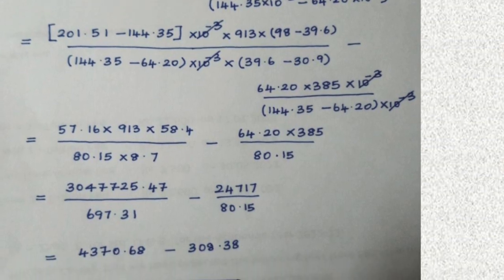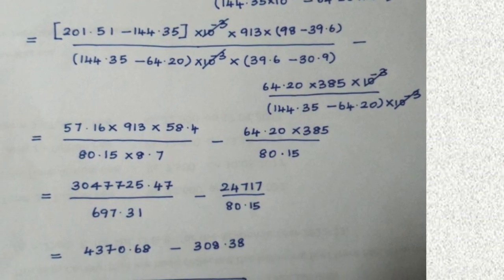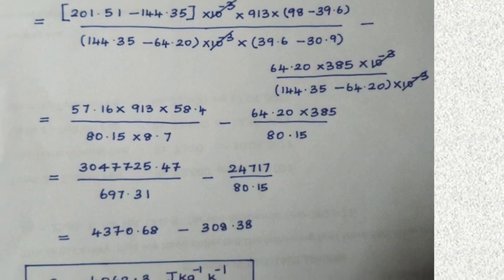Upon simplifying, we get 57.16 into 913 into 58.4, divided by 80.15 into 8.7, minus 64.20 into 385 by 80.15. After multiplying all the numerators and denominators, we arrive at 3047725.47 divided by 697.31.